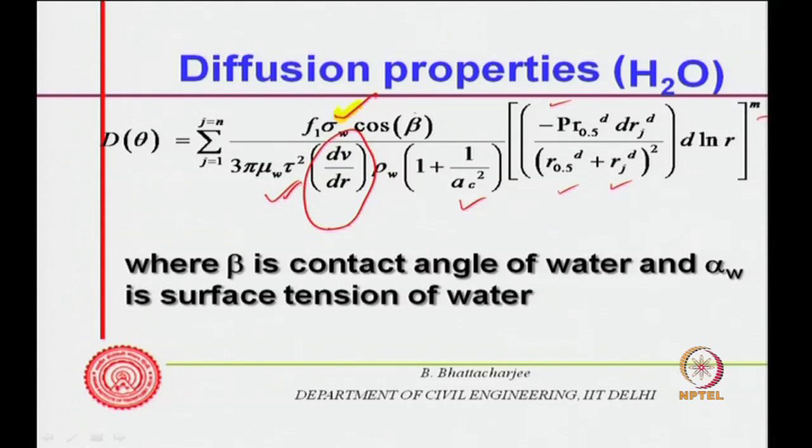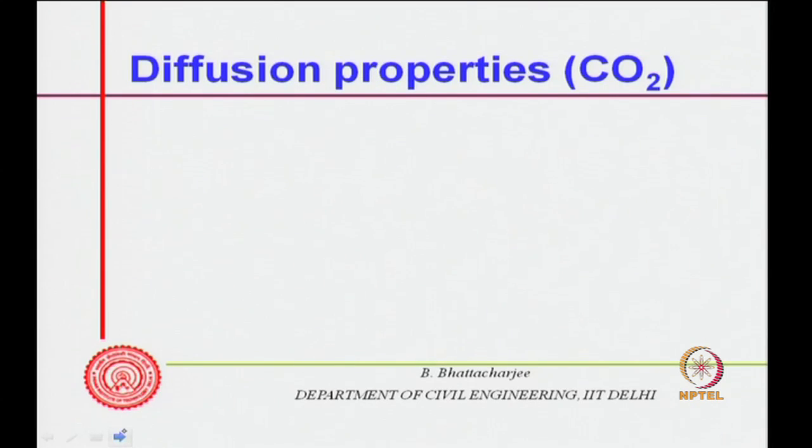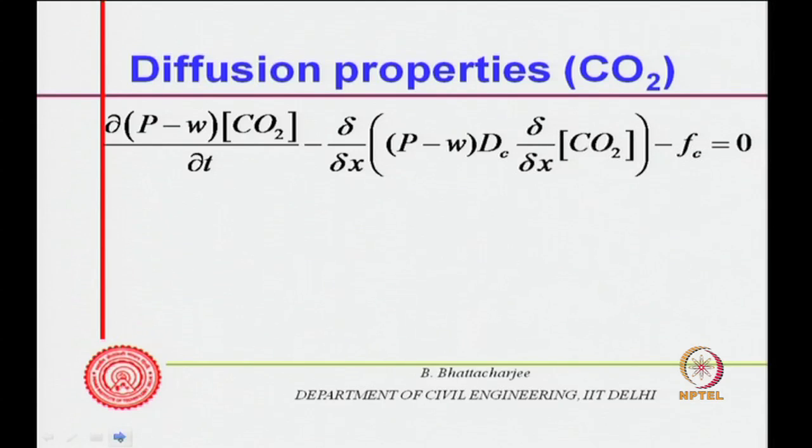Beta is a contact angle of water, which will be 0 for most of the cases, so cos beta will be equal to 1. So, one can actually relate these properties to pore size distribution. Similarly, carbon dioxide diffusion and the modeling of carbon dioxide flow can be through diffusion properties.